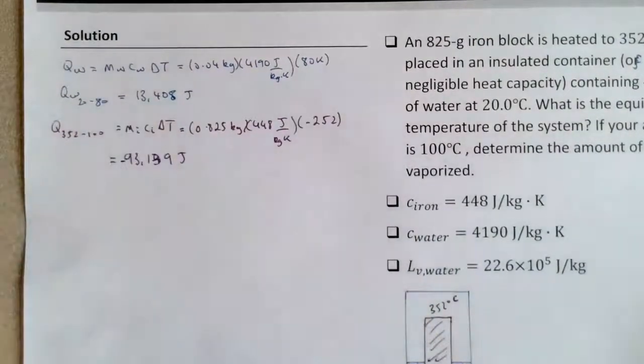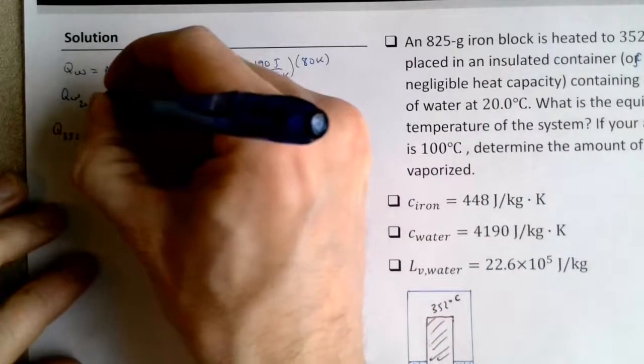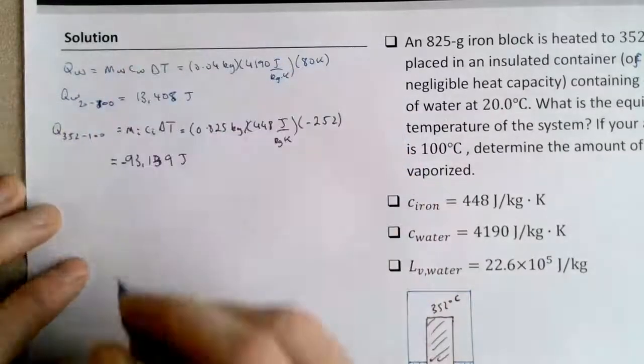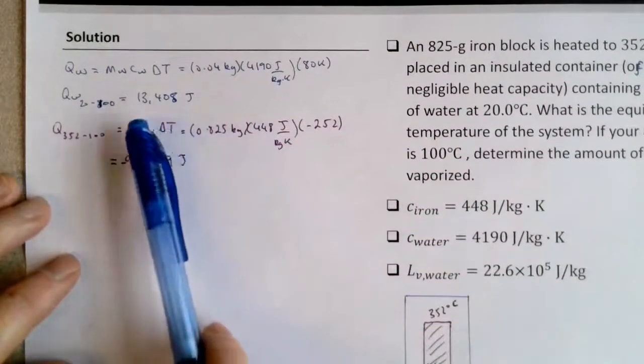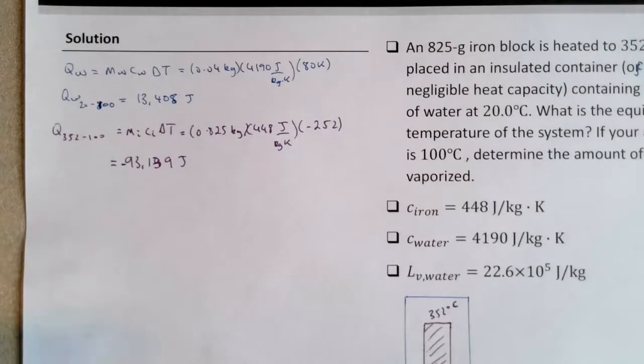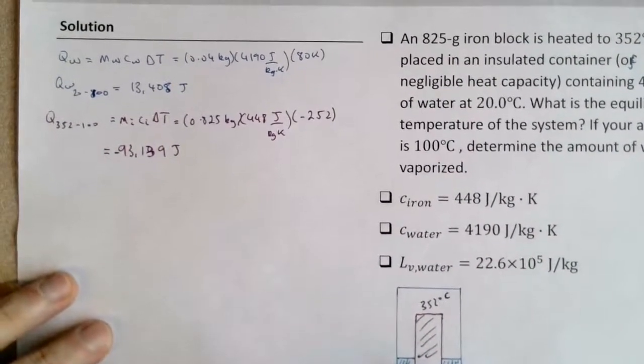Oh, sorry, I see this mistake now. This is 20 to 100. I just had 80 in my mind from the difference. It only requires 13,408 joules. So there's definitely going to be some steam formed. We can now conclude that the final state will have at least some steam.